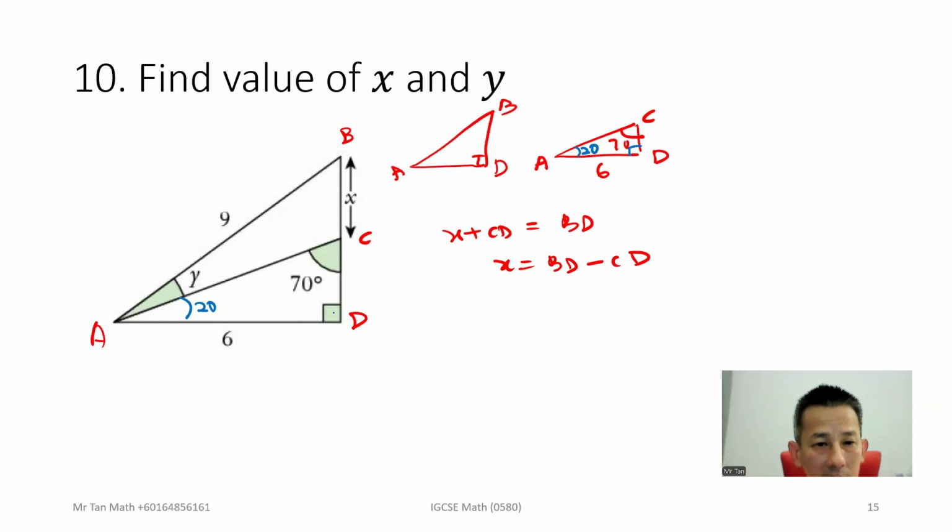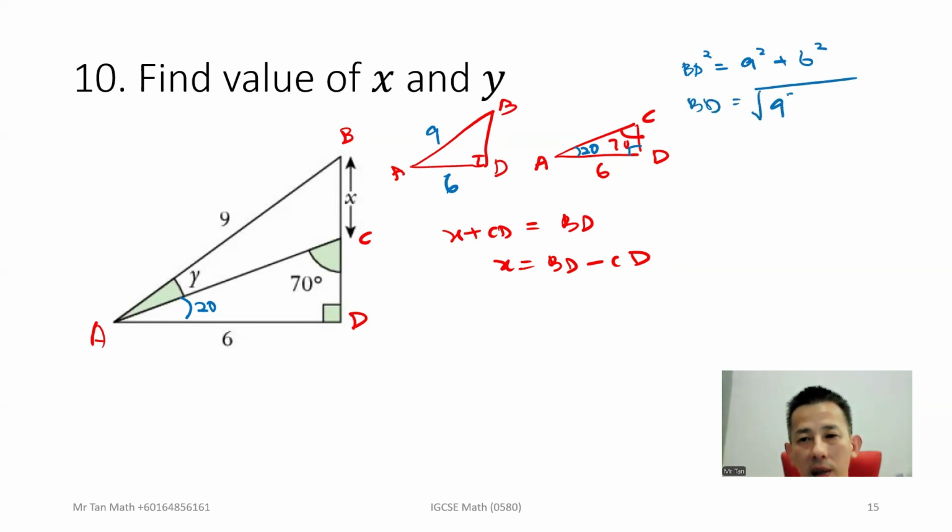Okay, to find BD, actually you can just use Pythagoras theorem. So BD, if you can recall, BD square is equal to 9 square plus 6 square. So BD should equal to square root of 9 square plus 6 square.